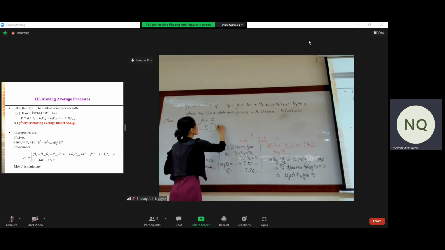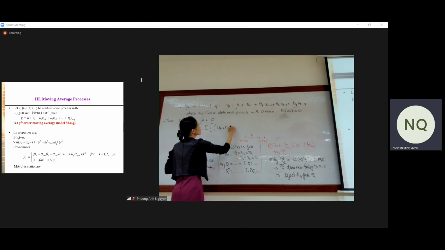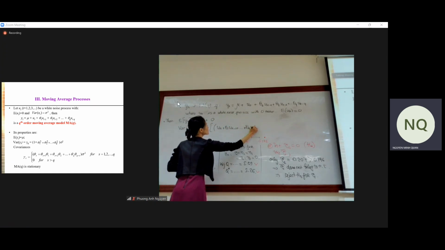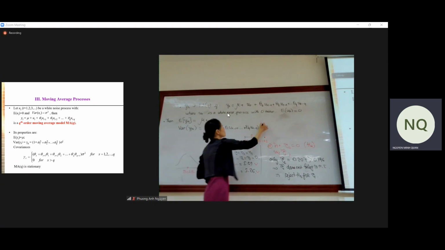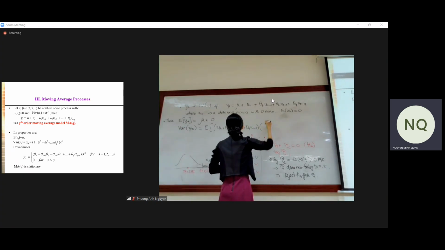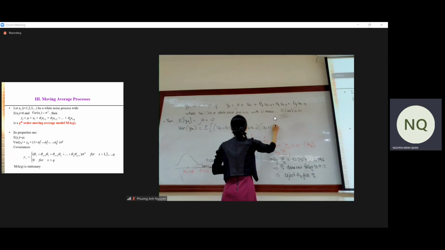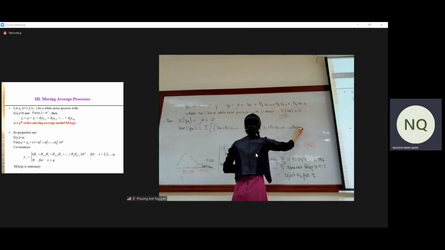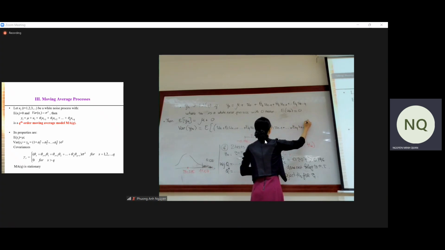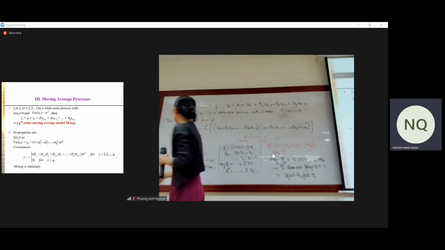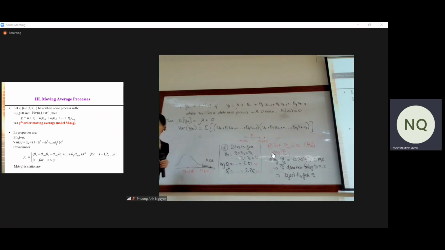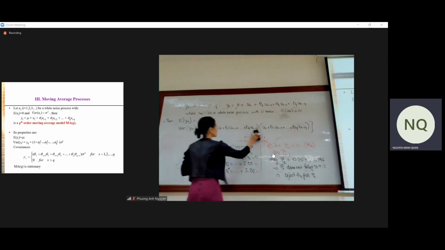Now I just need to take u_t plus theta_1 u_{t-1} up to theta_q u_{t-q}, times the same thing. So what do you think? Which terms will give you 0, and which ones will stay there?